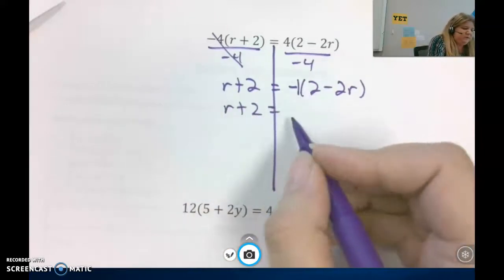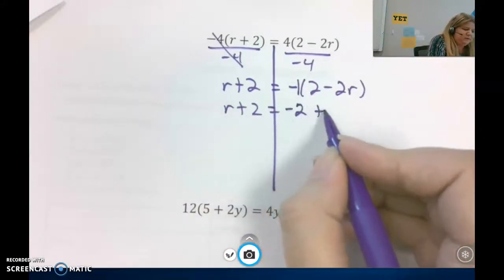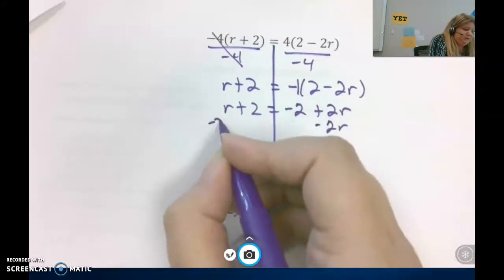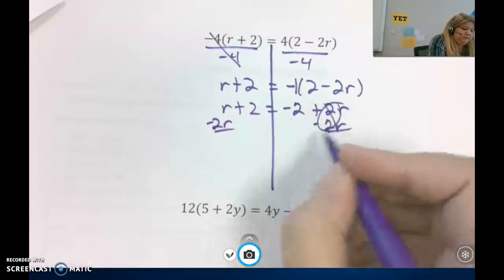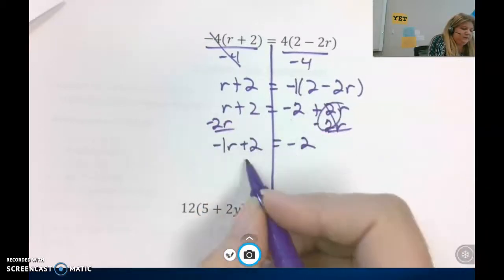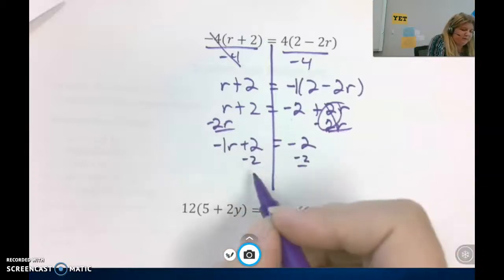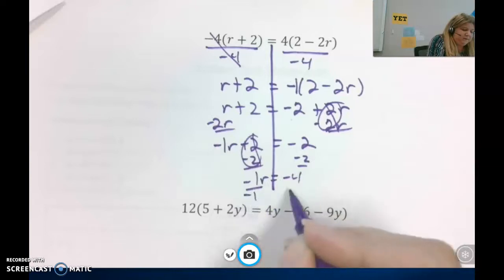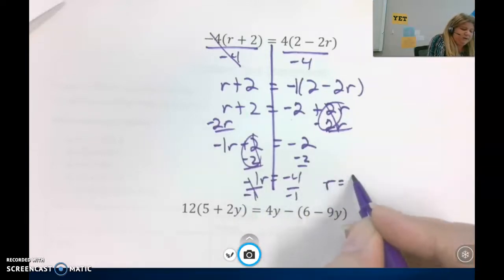Still need to distribute here, so -2 plus 2r. Then let's subtract 2r from each side. -1r plus 2 is -2, minus 2 from each side. -1r is -4, divide by -1, r is 4.